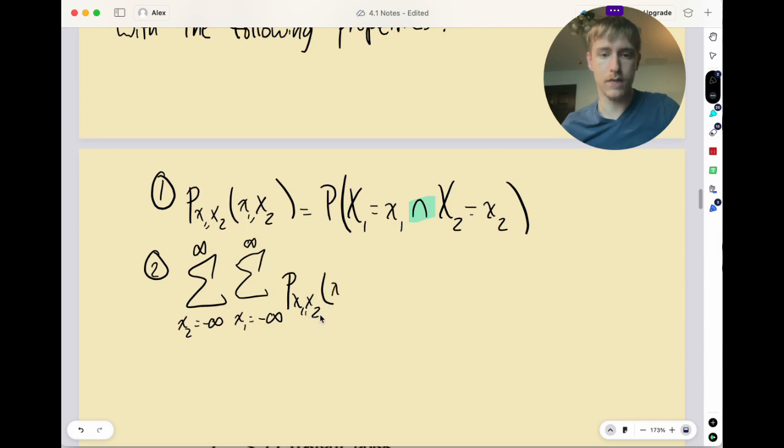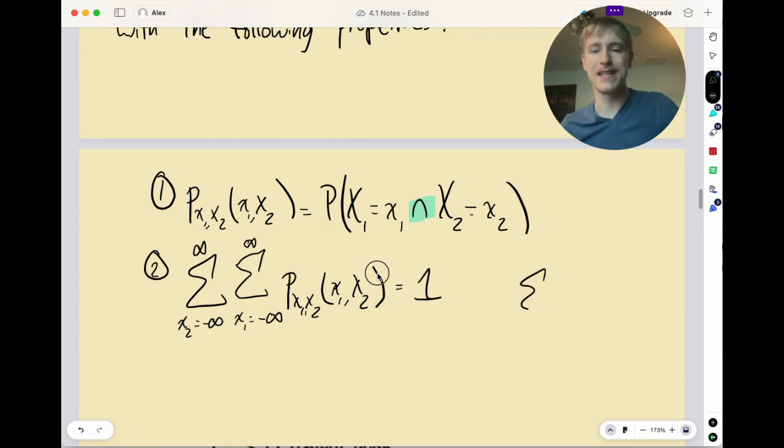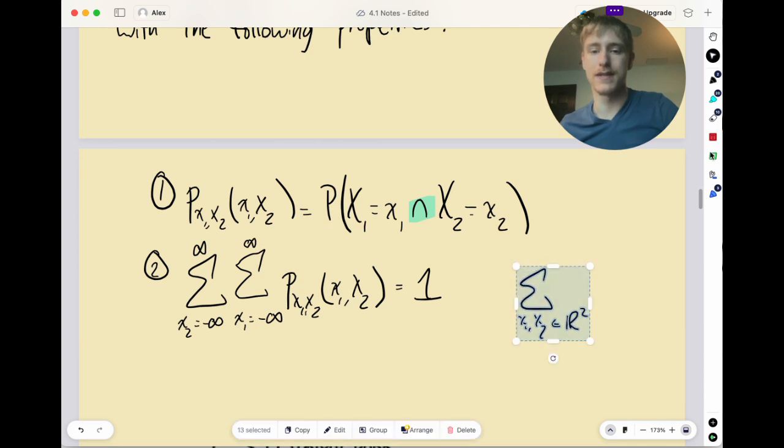If we sum all these up, we should get 1. Whenever it becomes convenient, I'll just say sum over all x1 and x2, or for all x1 and x2 in r cross r, but only when the notation isn't going to be confusing.